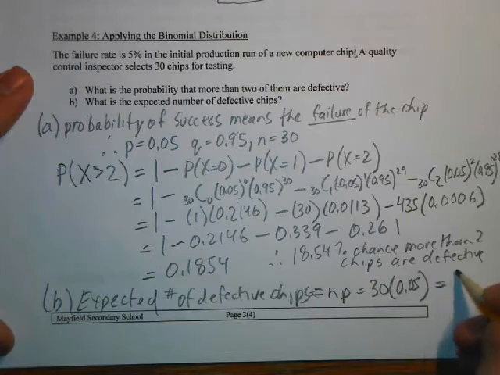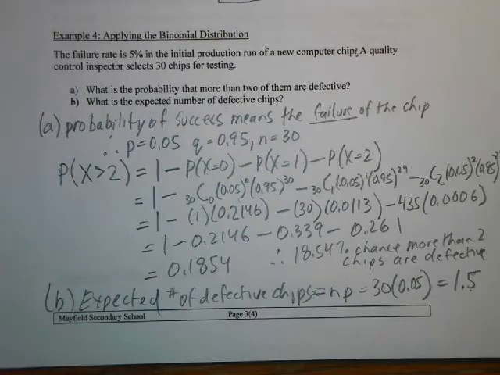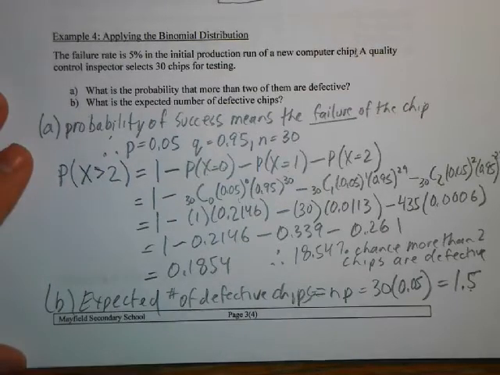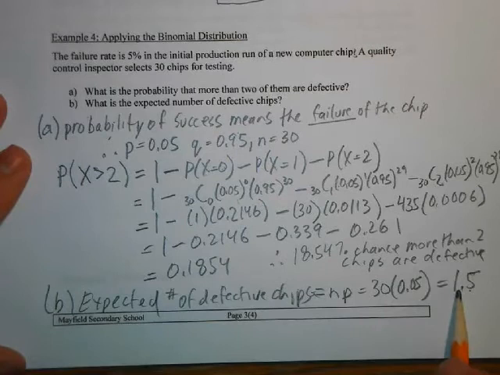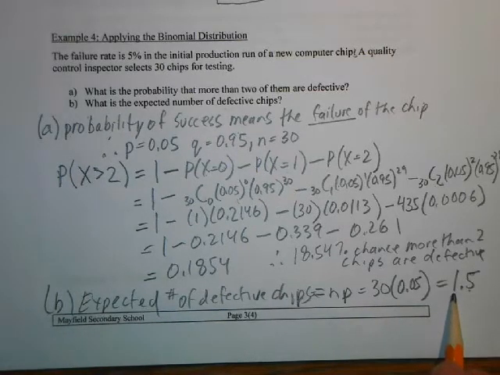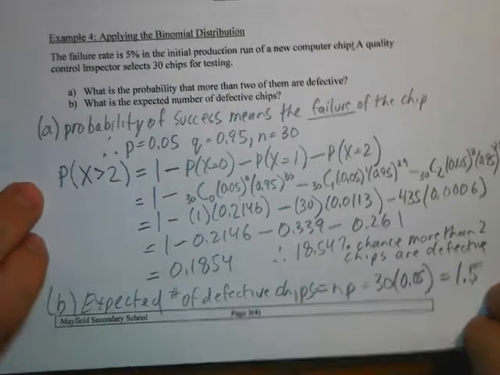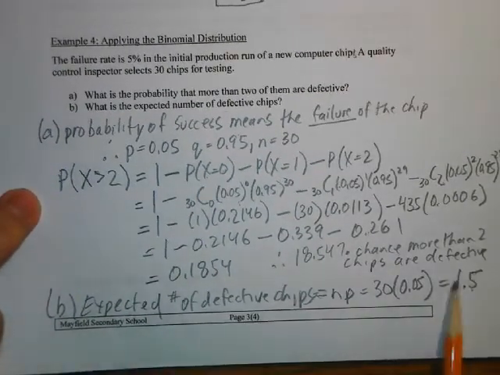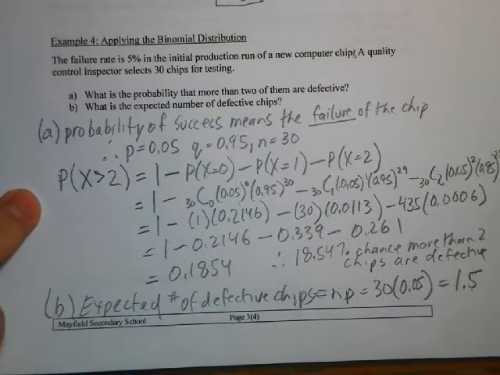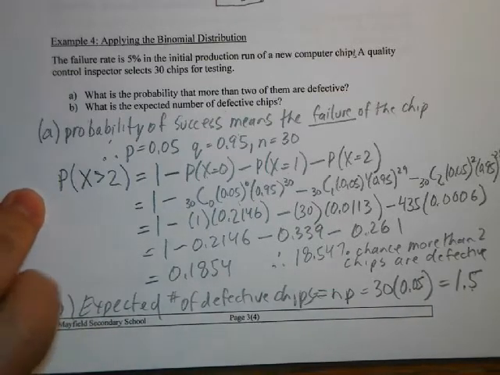Multiply that out and get 1.5. So for every random batch of 30 chips, you would expect that 1.5 of them would be defective. Obviously, you're not going to get 0.5 defective, but you've seen that now several times. This is basically the average number of defective chips, not an actual number.